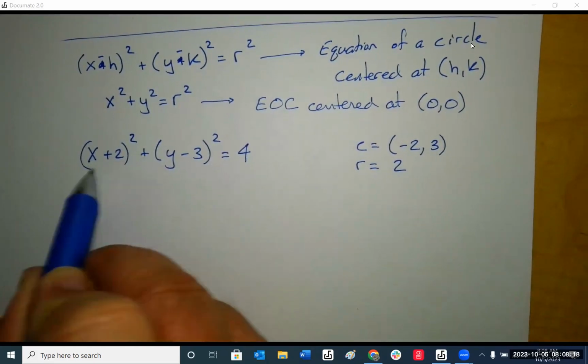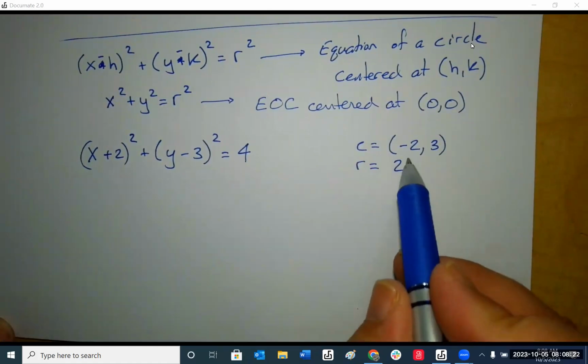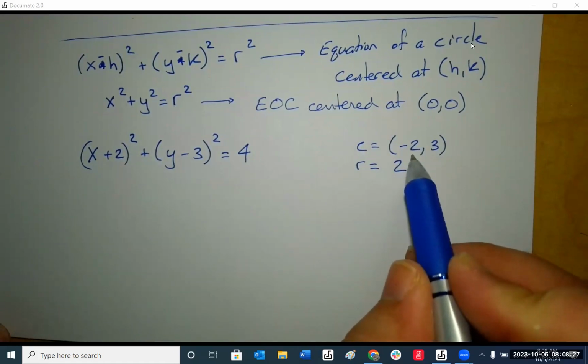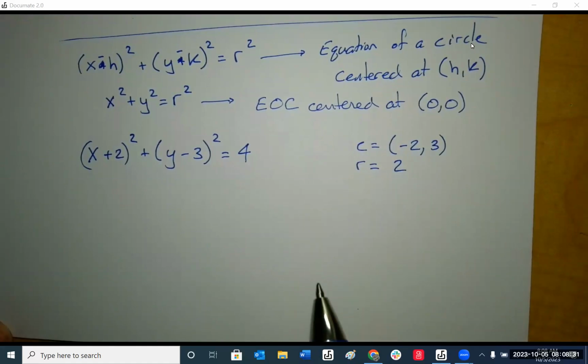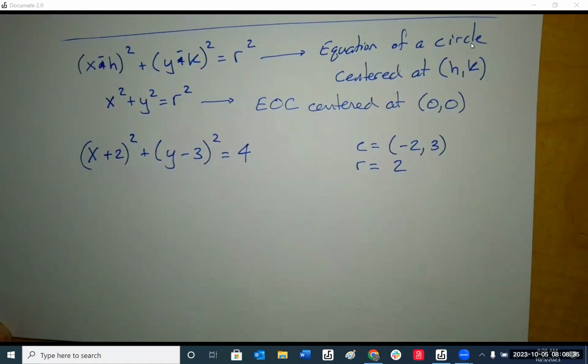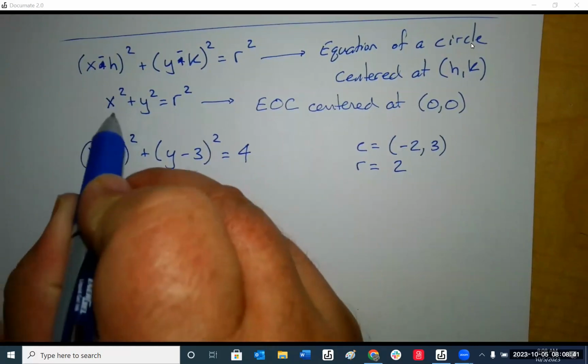Whatever happens inside the parentheses, it's always the opposite. If I have x plus 2, the answer is -2. If it's y minus 3, the answer. Why is that? Why is it always the opposite if it's inside the parentheses? Because we went from the center to this new location.